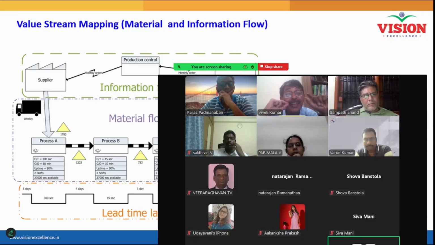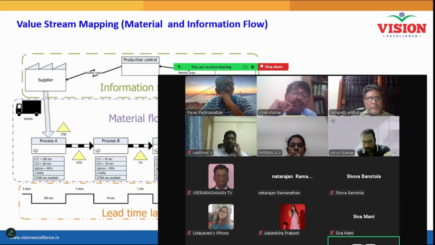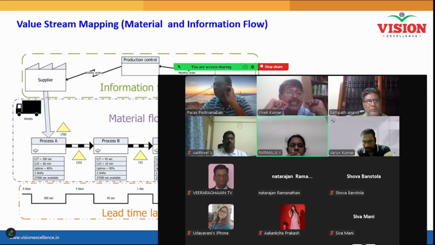So if we are able to look further into the processing time, we will be able to identify value adding and non-value adding activities. And if we are able to eliminate the non-value adding activities, the cycle time will reduce further.